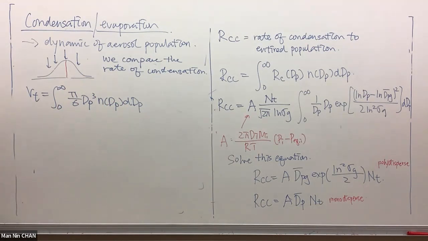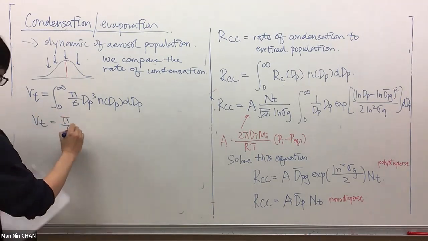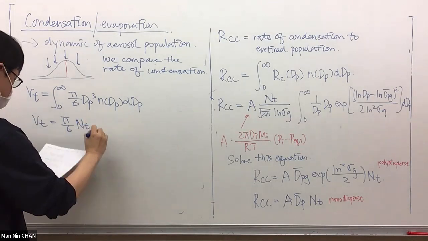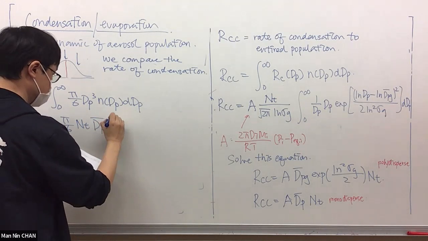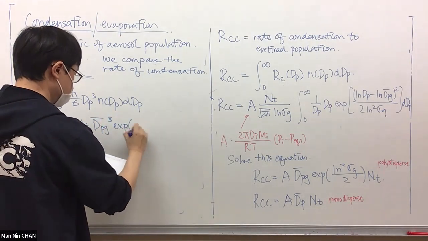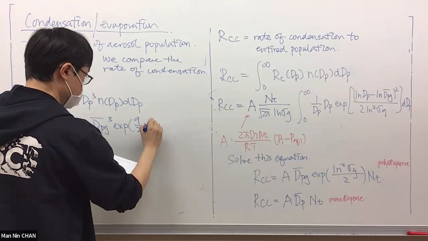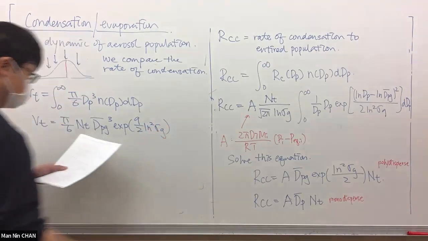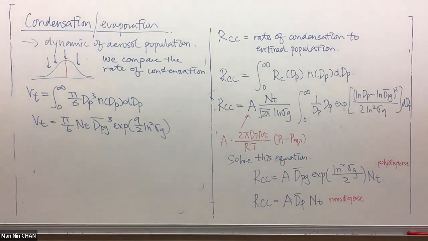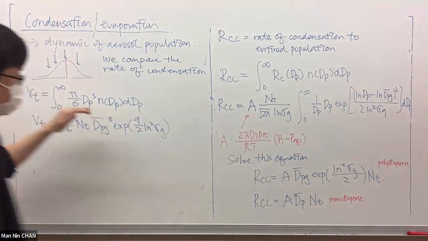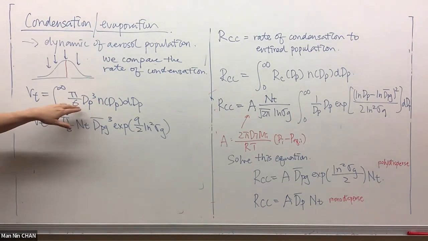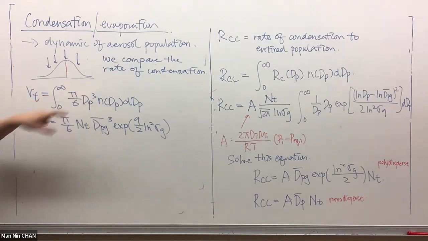So if you solve this equation, you will find that because this aerosol number distribution function is a lognormal distribution, you can just put this in and do the integration together with this pi over 6 dp to the power 3.